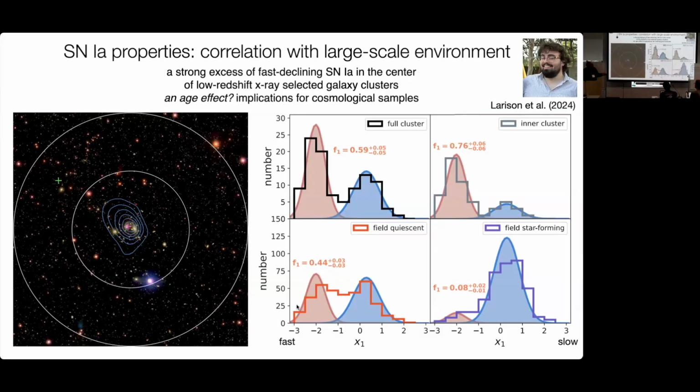In Connor's paper, what he showed is that if you actually go to a more extreme environment in the centers of clusters, you can see that basically these 2 histograms flip. You get almost exclusively these fast declining supernovae in centers of clusters. So this was more evidence that it could be age that is the driver, because these galaxies are among the oldest in the universe. Okay? And this has important implications for, maybe not so much H0, because the age doesn't change over this in the nearby universe.